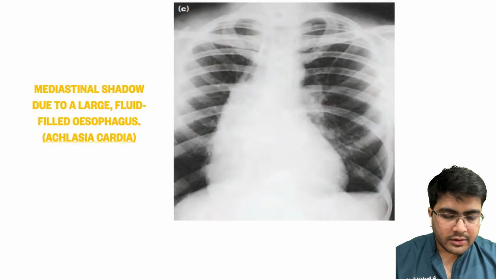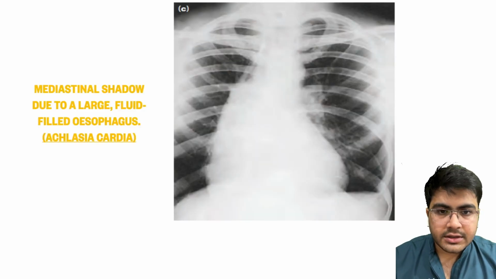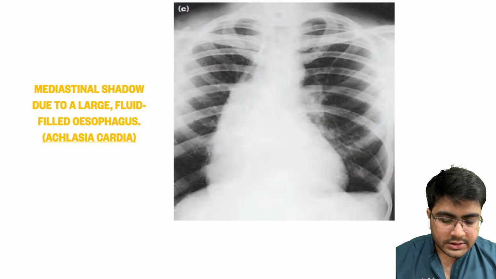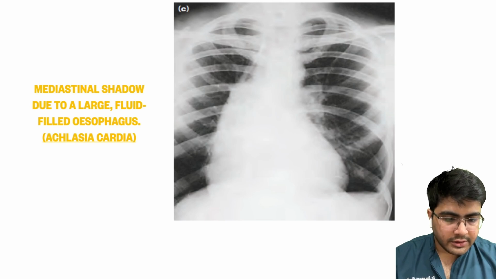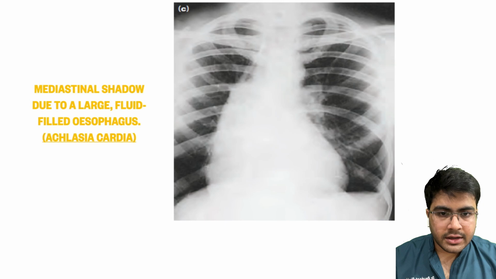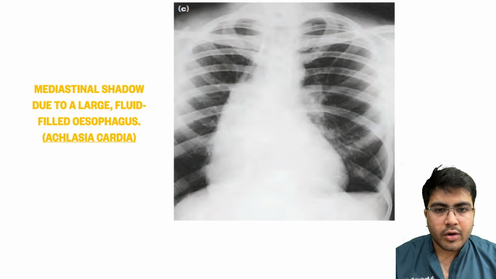Again, we want to stress that just a widened mediastinum does not mean there is a vascular injury. Here you can see there is a large mediastinal shadow, and it is due to a large fluid-filled esophagus, which is seen in later stages of achalasia cardia, where we call it sigmoidization of the esophagus, or sigmoid esophagus.